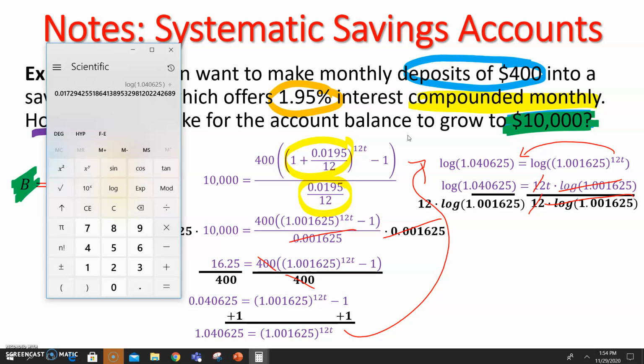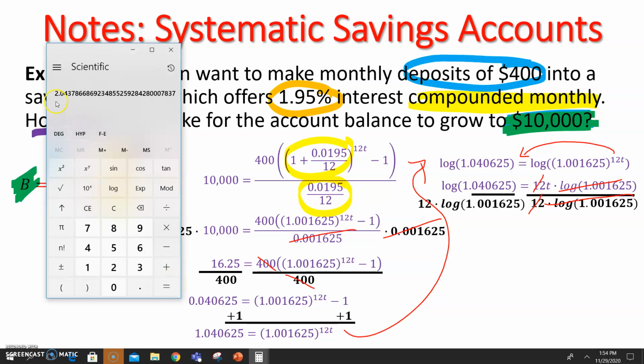I'm going to divide, and then I'm going to put parentheses just to insist that my denominator does what I want. And you'll notice that it's typing in on the calculator, and I could see if it's doing kind of what I want, right? 001625. And it should be following that order of operations. Okay. And then I'm going to hit equals and see what it gives me.